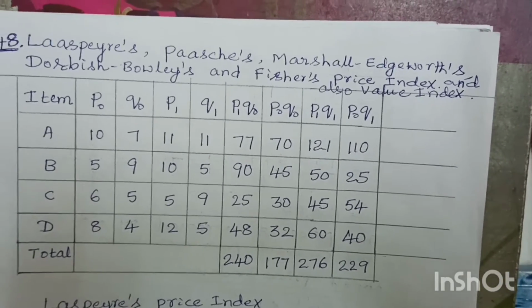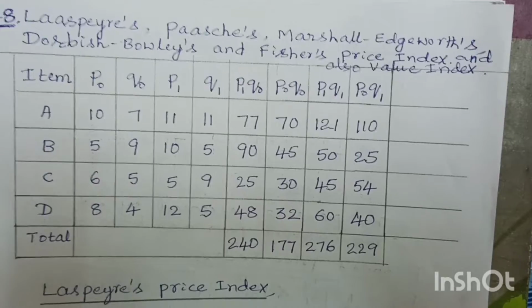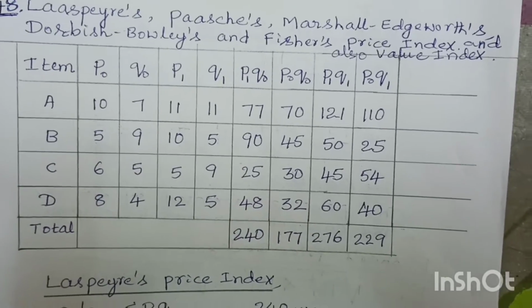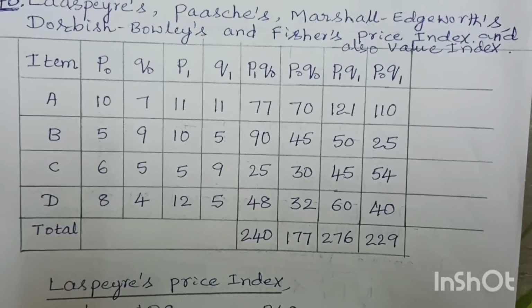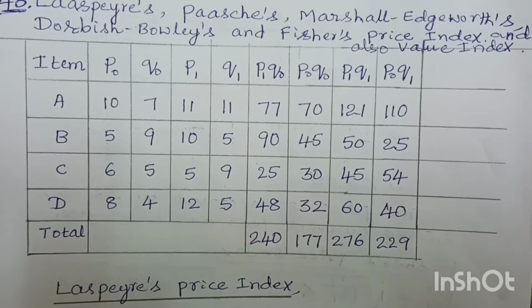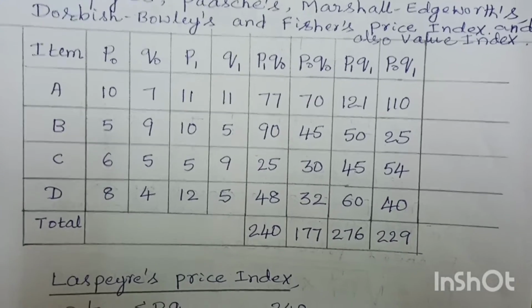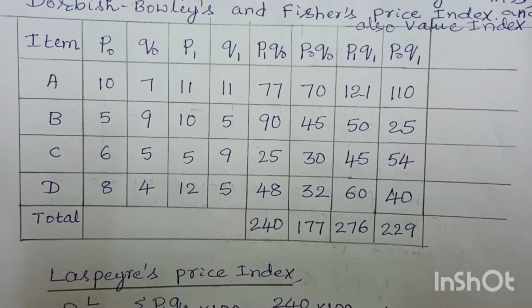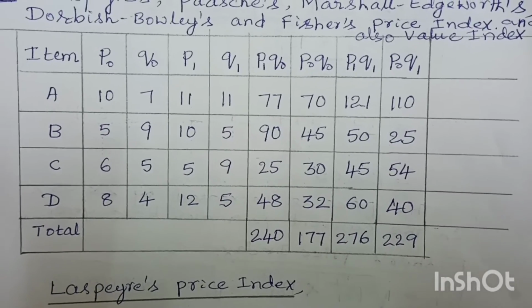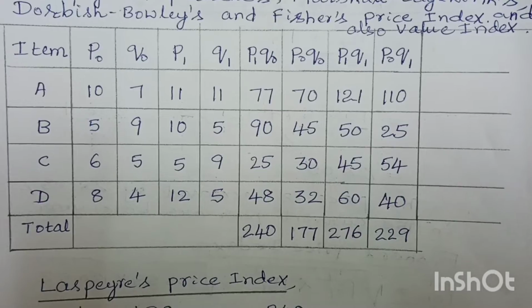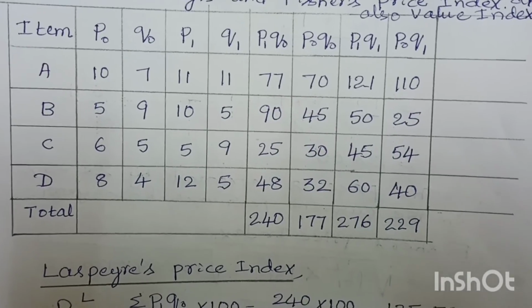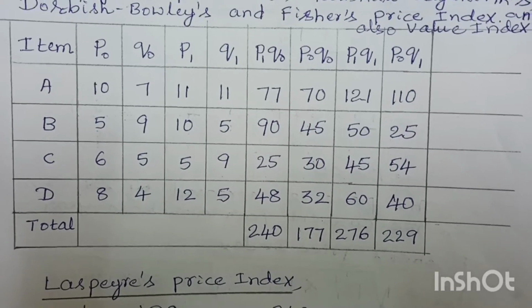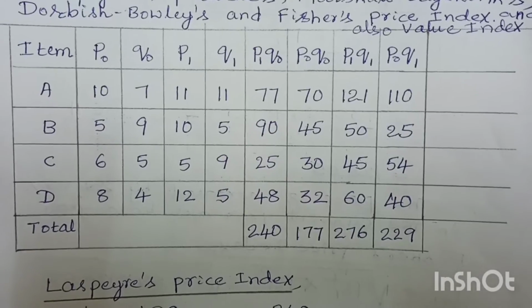Once you find out the products, add those products and find out the summations. Once you do this table, we'll proceed to find out the different index numbers one by one.